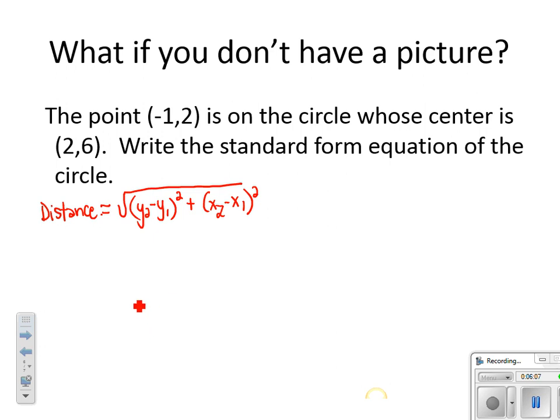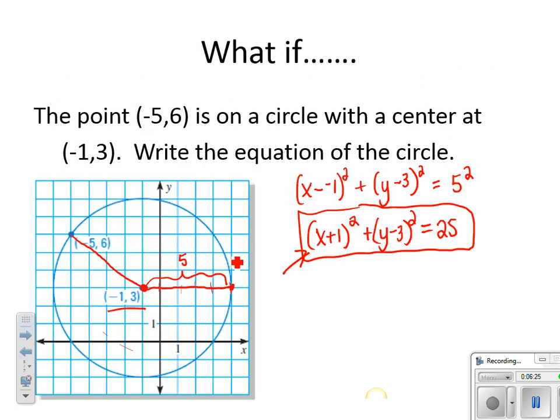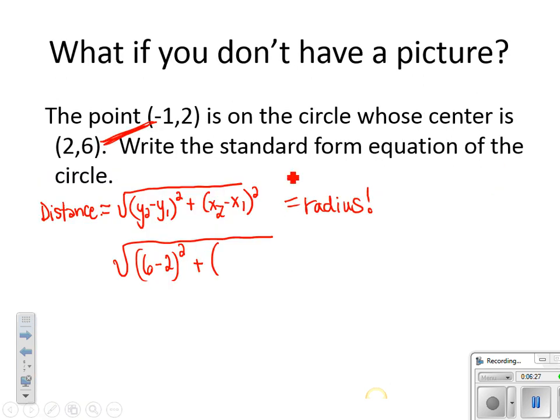All right, so we're going to have to find the distance between these 2 points so that we can find the radius. Okay, so y2, so I'm going to go 6 minus 2 squared plus x2 minus a negative 1 squared, and the square root of all of that.